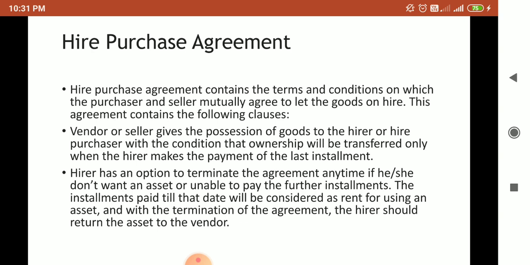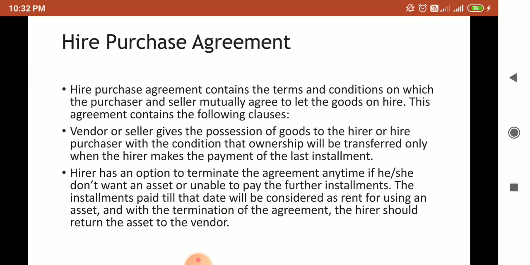Then second thing is, the hirer has an option to terminate the agreement anytime if he or she doesn't want the asset or is unable to pay the further installments. They can cancel or terminate the agreement at any point of time.